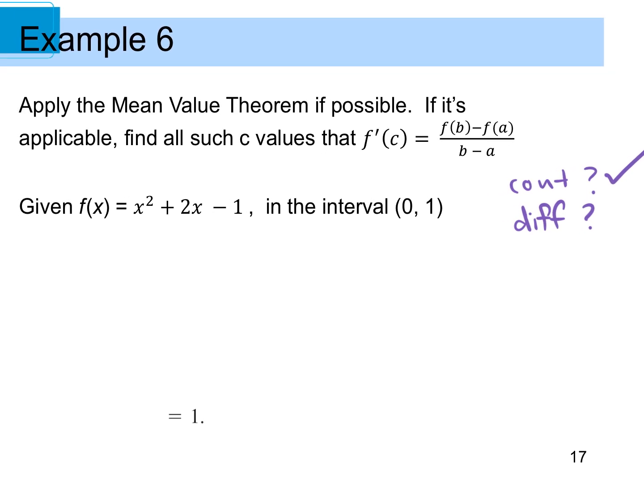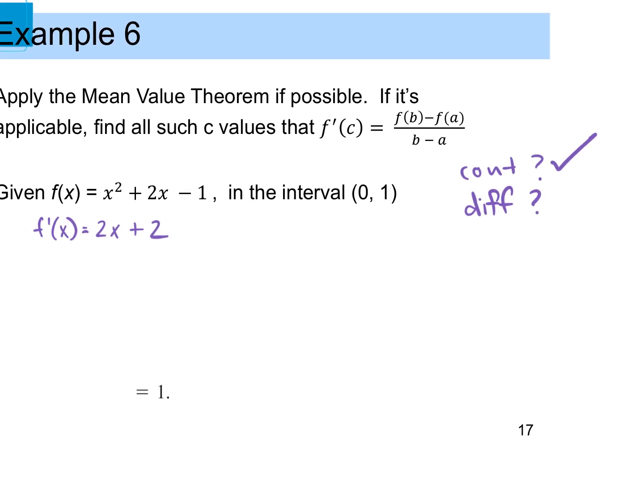Let's check, is it differentiable? So let's take the derivative. When we take the derivative, we get 2x plus 2. Is it differentiable? Yes. All right, so now let's find our slope. We're going to use our slope formula. We want to find f of 1 minus f of 0 over 1 minus 0.